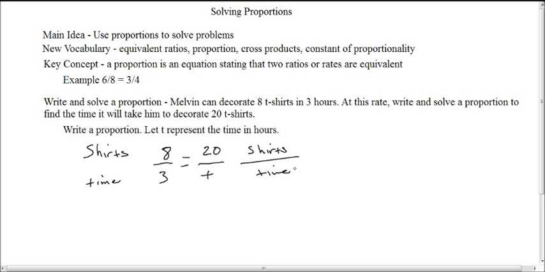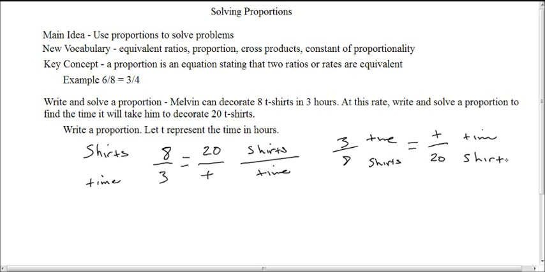Now, understand this. We could have easily written this, and I'm just putting it out here, 3 over 8, but we have to make sure that that's time over shirts. But we must also have put the other one the exact same way, which now would have been T over 20. And again, you notice I got my time and my shirts exactly matched.